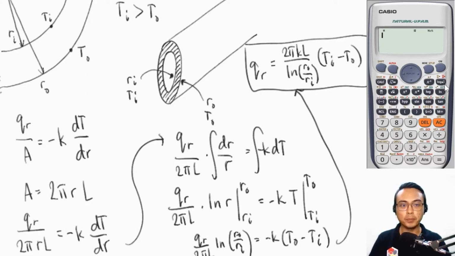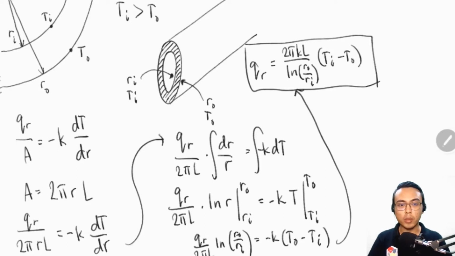Okay? Now, if you will remember, we have previously discussed that the rate of transfer is always equal to the driving force over the resistance. We can then rearrange our equation to fit this description. So our rate of heat transfer is already Q sub r. Our driving force is the difference in temperature, that is T sub i minus T sub o.